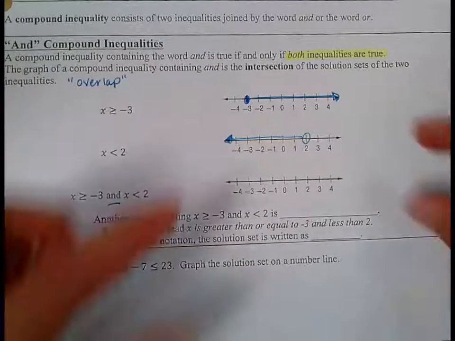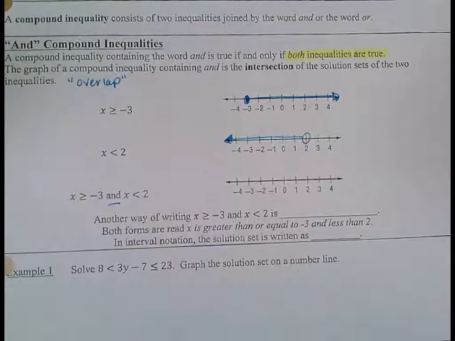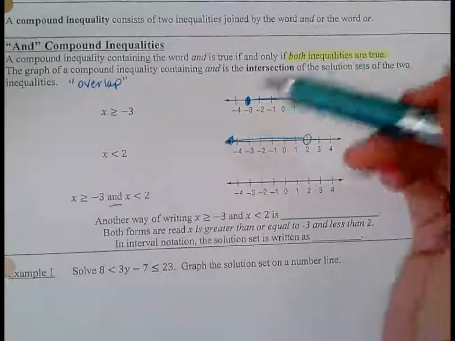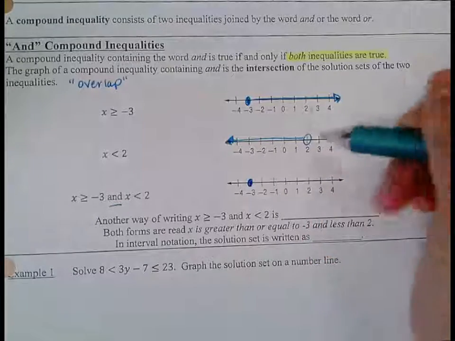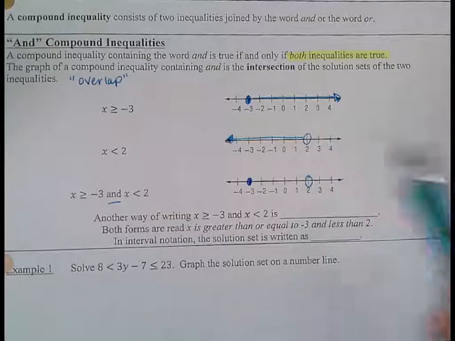So if you were to merge these two graphs together and only pay attention to what is shaded in by both graphs, what the compound inequality graph would look like is one endpoint would be at -3, so you'd have a dot. The other endpoint is at 2, it'd be a circle, and they are both shaded.